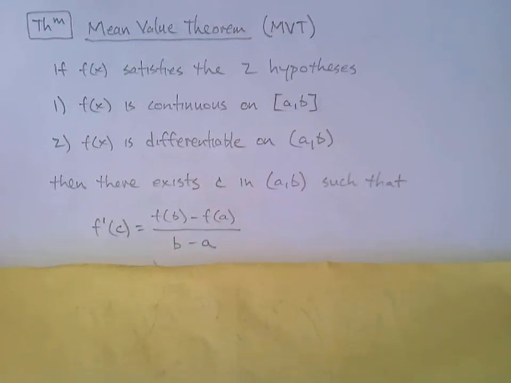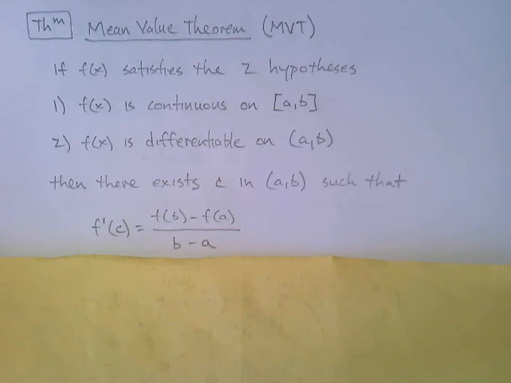There exists c in (a, b) such that f prime of c equals f of b minus f of a, all over b minus a. So what is that?